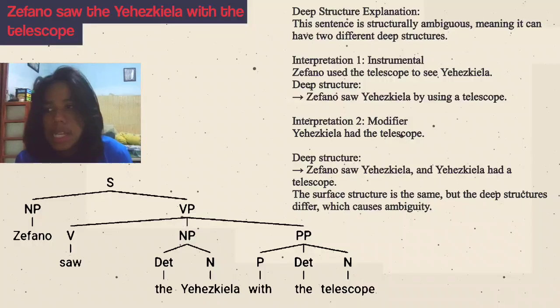Or for interpretation 2, Hezekiah had the telescope. So the deep structure is Zevano saw Hezekiah and Hezekiah had a telescope. The surface structure is the same, but the deep structures differ, which causes ambiguity. So it potentially has two meanings or interpretations of the deep structure.